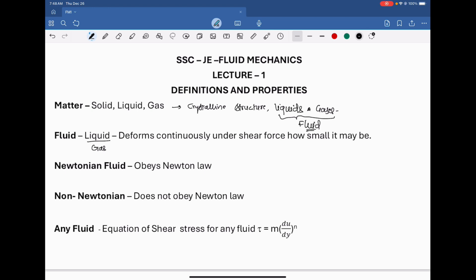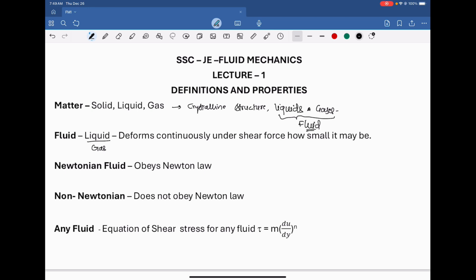Out of solid, liquid and gas, liquids and gases are fluids, and a major portion of our universe and body is made of fluids.